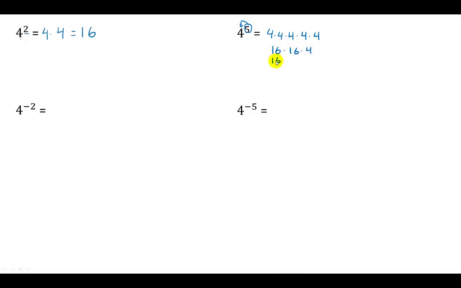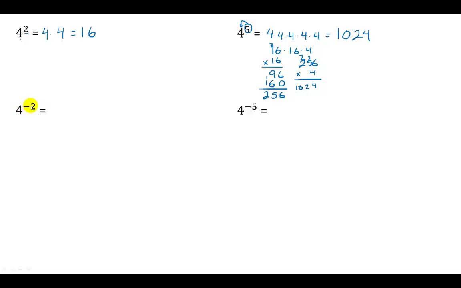So 16 times 16 is 256, still times by 4, so 4 to the 5th, or 4 times 4 times 4 times 4 times 4, is 1024.